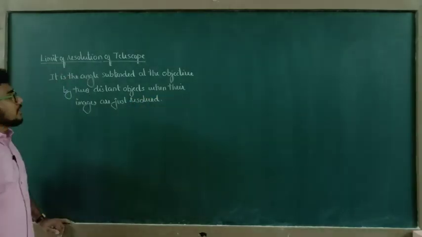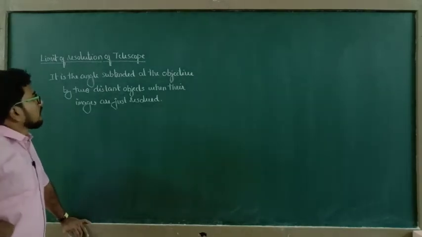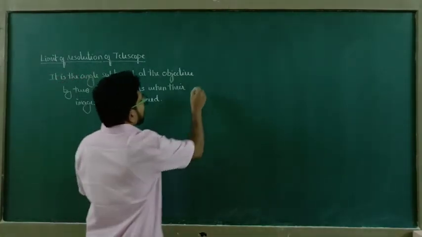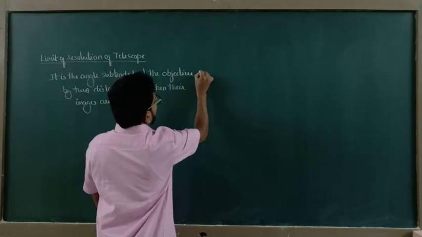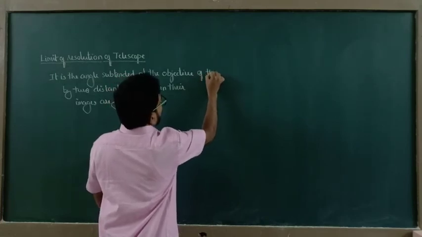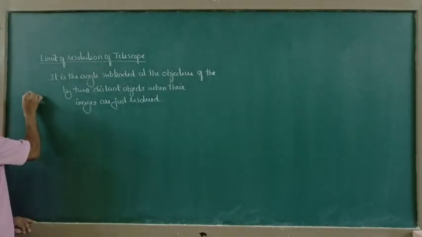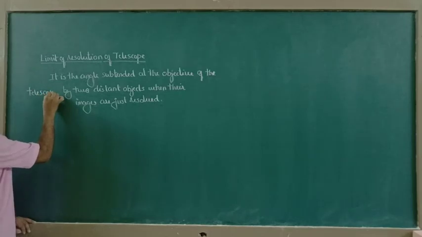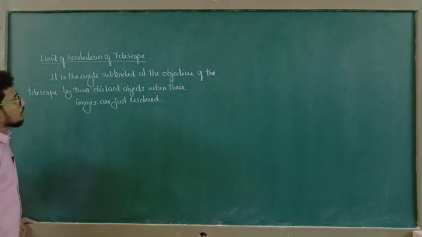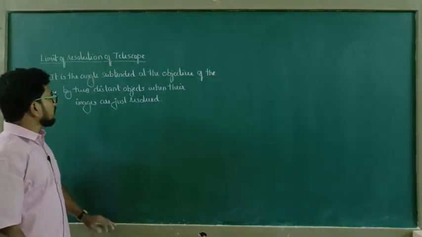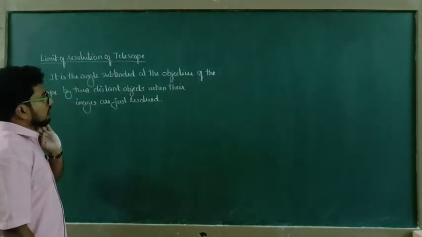It is the angle subtended at the objective of the telescope by two distant objects when their images are just resolved.